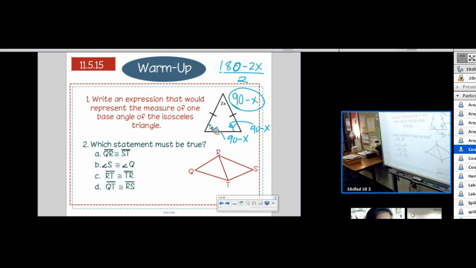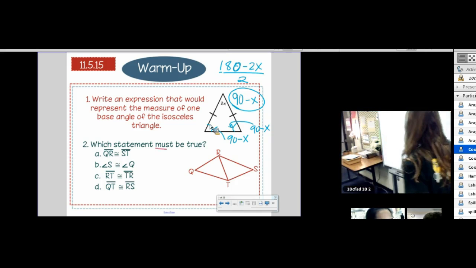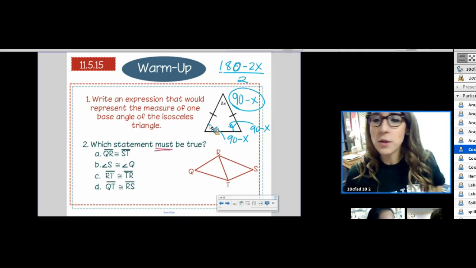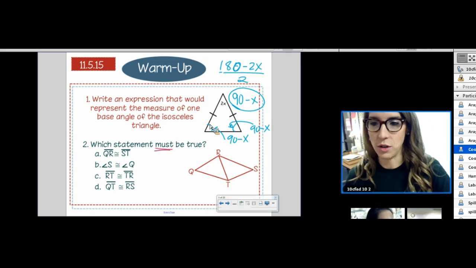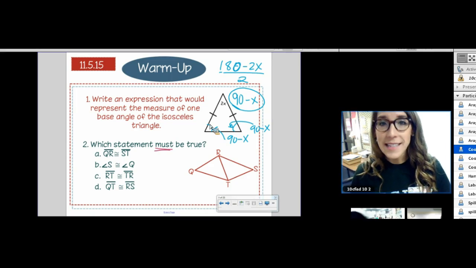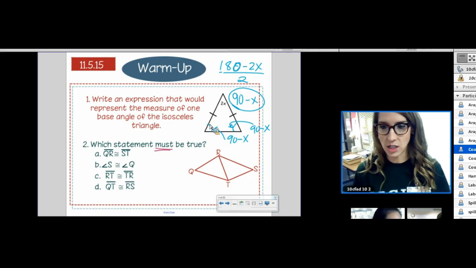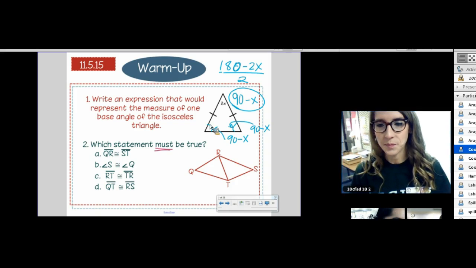Okay, which statement must be true? All of these statements could be true, but there's only one of them that must be true, and it's actually called the reflexive property of equality, which we're going to use a ton in this unit. What's the answer, guys?